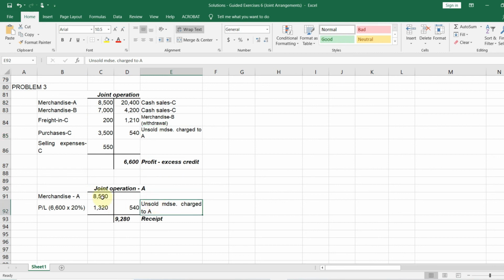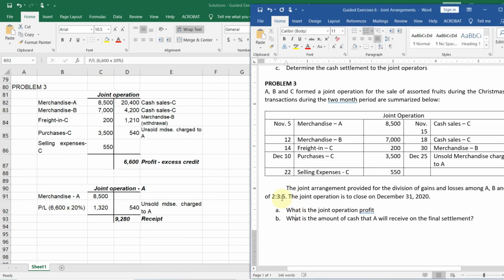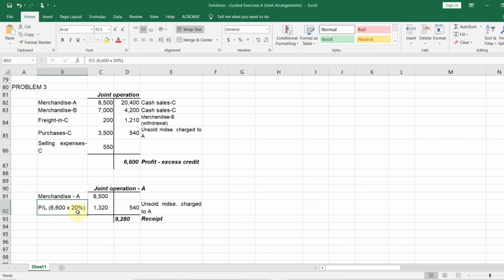So you have 8,500 and then credit 540. Then you compute for the share of A sa P&L. Okay, you have 6,600 times, sabi ay 2:3:5, A, B, C. So 2 plus 3, 5, 5, 10. Okay, so 20%. So, 6,600 times 20%, you'll get 1,320. Foot mo lang, and then cross foot, ang total na cash settlement kay A is 9,280.